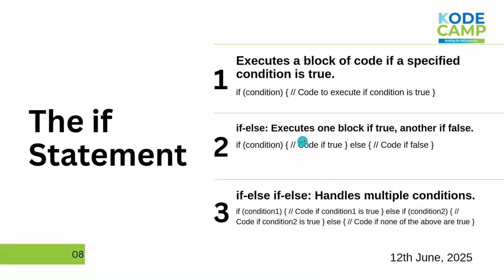All right, the if statement is your primary tool for decision making. At its simplest, it says if this condition is true, then what happens? If the rain is falling, if this condition is true, what should happen?